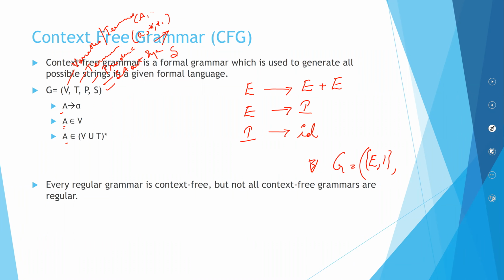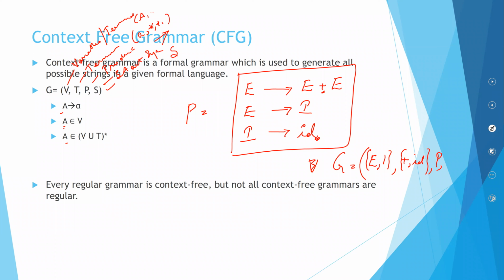T is nothing but your terminals. Okay, your symbols or your small letters, those are also terminals. So I have two terminals over here, plus and id. Then I have P. I'm lazy to write, so I just put this in a box. This is my P. And my start symbol S is nothing but the first production rule's left-hand side.